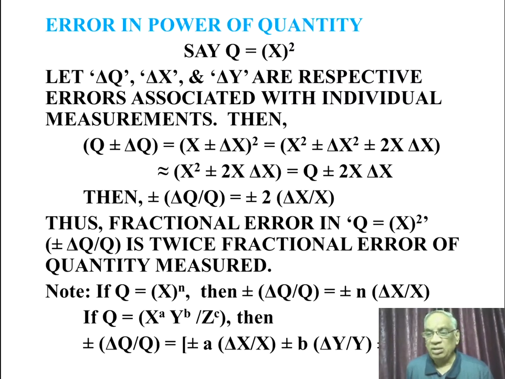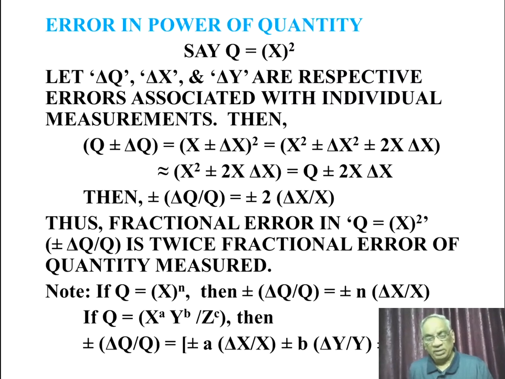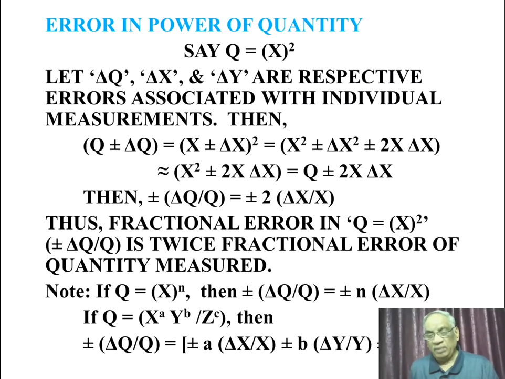Similarly, the z to the power of c term gives plus minus c times delta z by z. That means the fractional error of the final term is nothing but the summation of the fractional errors multiplied by the individual powers. That's how error propagation should be dealt with.